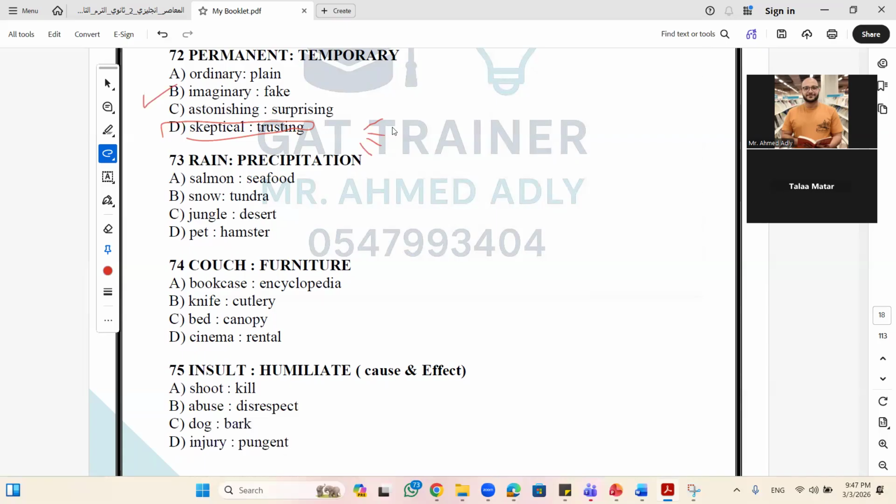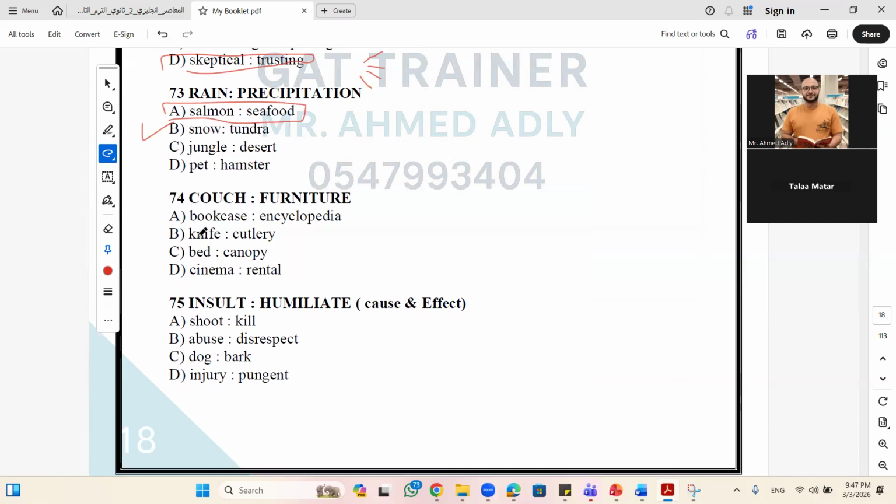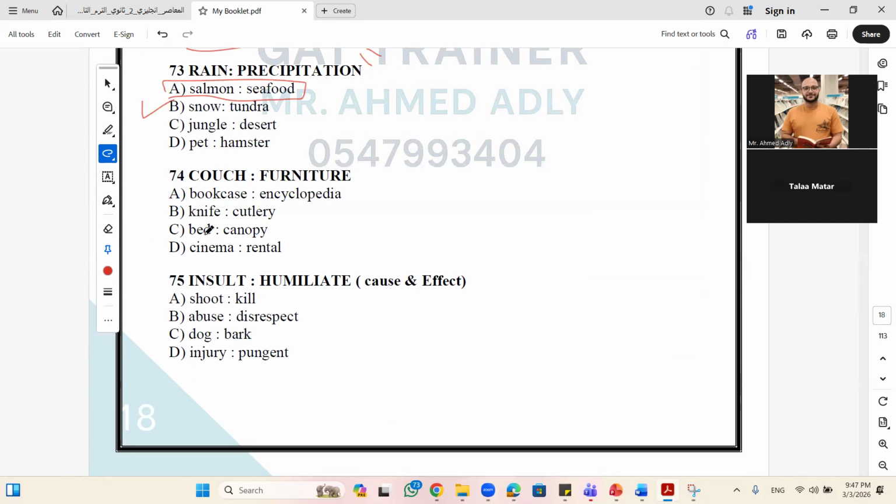Salmon and seafood. Salmon is a type of seafood. Good, perfect. Couch and furniture. A couch is a piece of furniture. Knife and cutlery. Perfect. I am sure you're gonna make it.